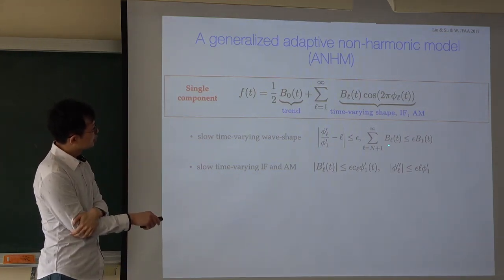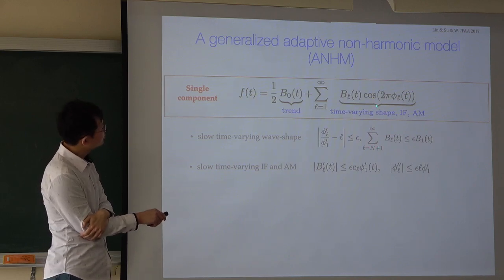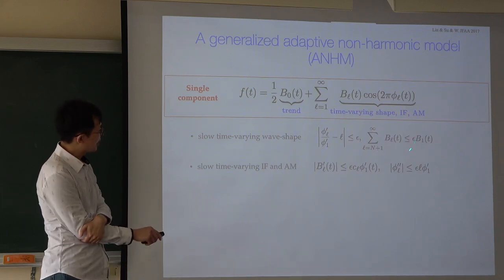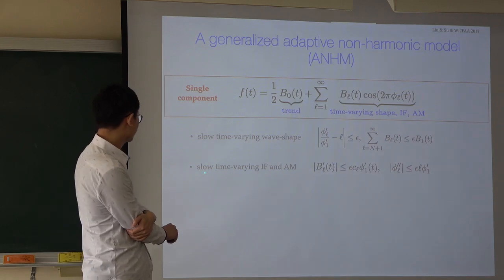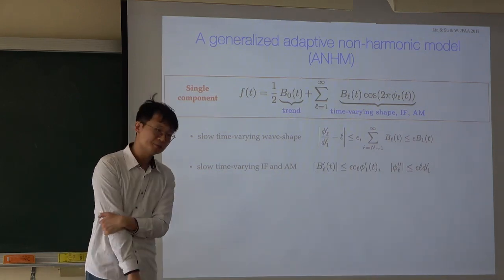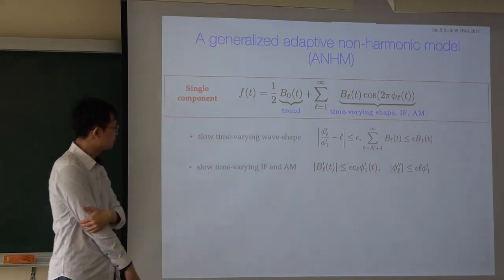Second, we want some capital N so that the higher order magnitudes are very, very small, controlled by epsilon. Third, we also need the slowly time-varying instantaneous frequency and amplitude in the following sense, which is just like what we had before.